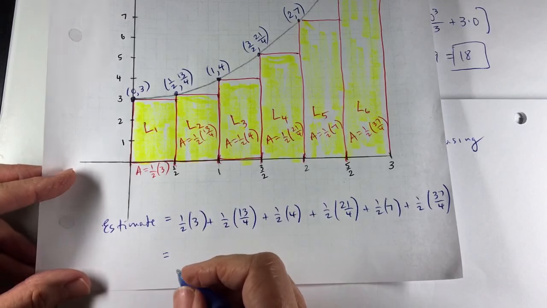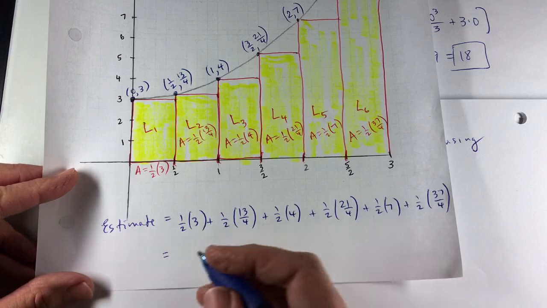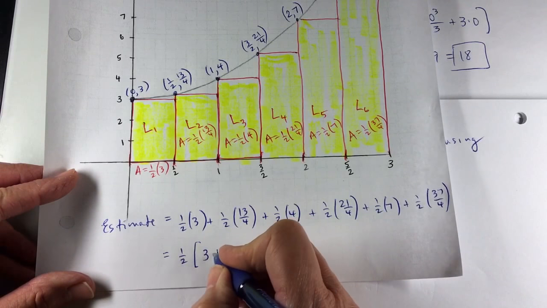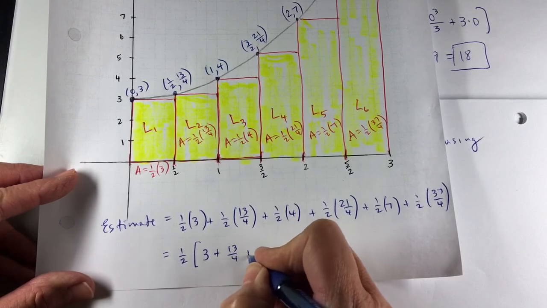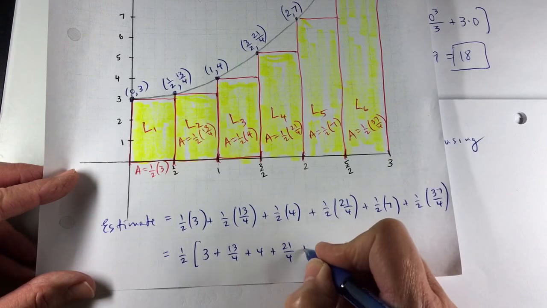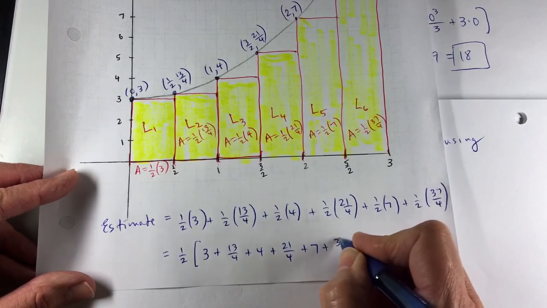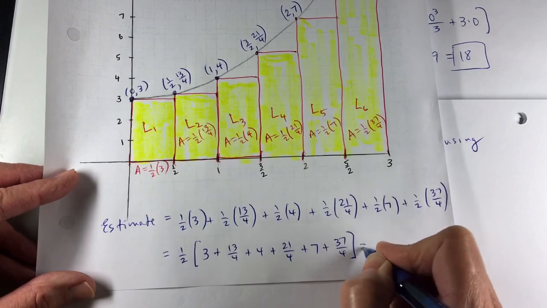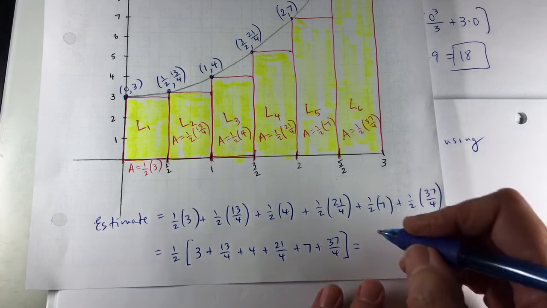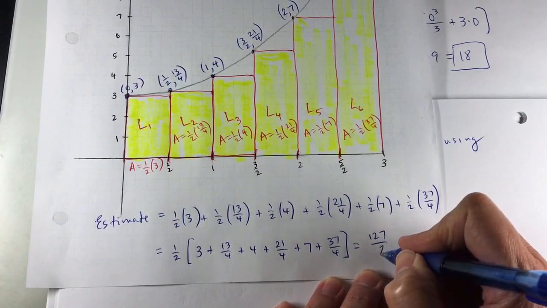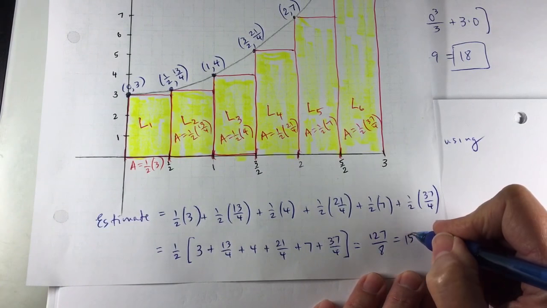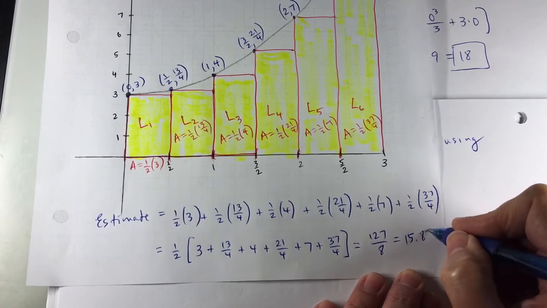I'm going to factor out the 1/2. Look, I can do that, right? 1/2, then 3 plus 13/4 plus 4 plus 21/4 plus 7 plus 37/4, and the answer is 127/8, and the decimal 15.875.